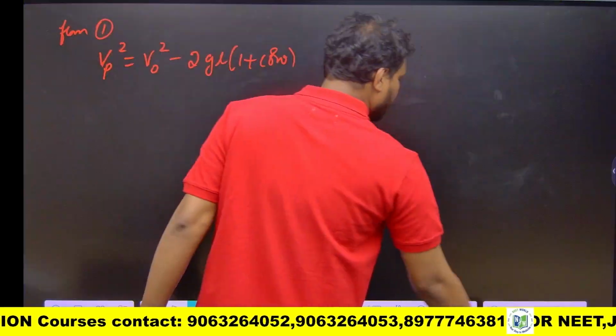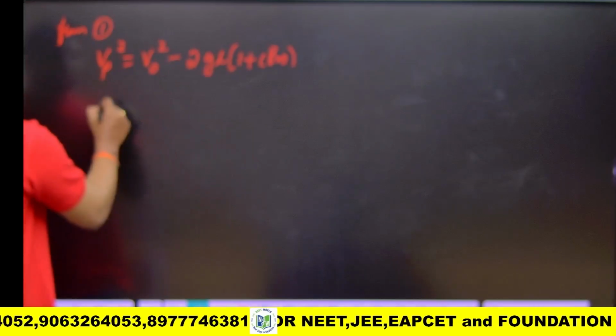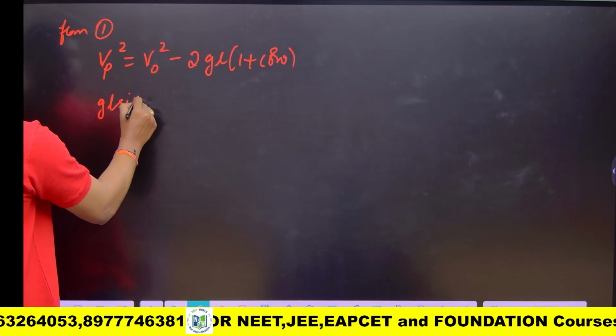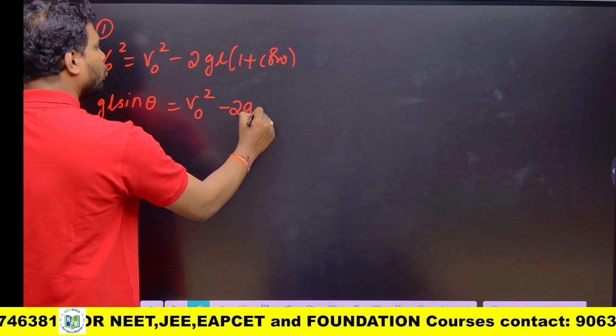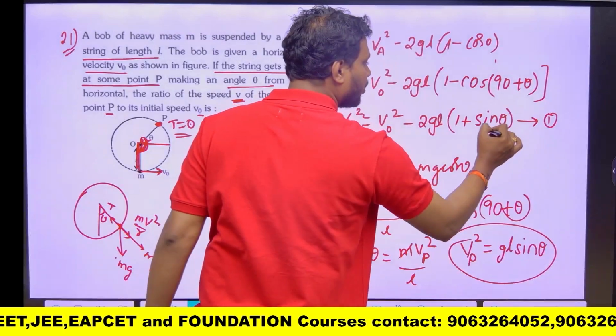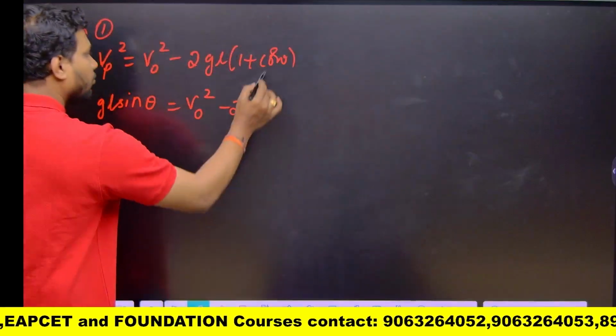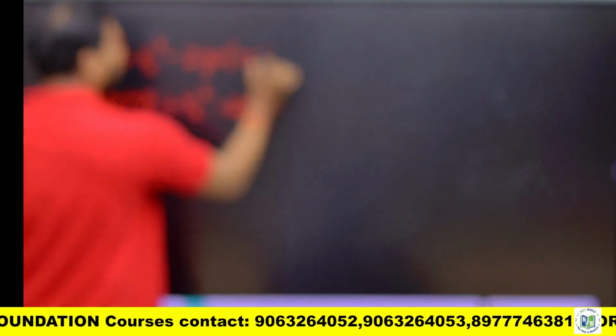From this we can say Vp square value is gl into sin theta.